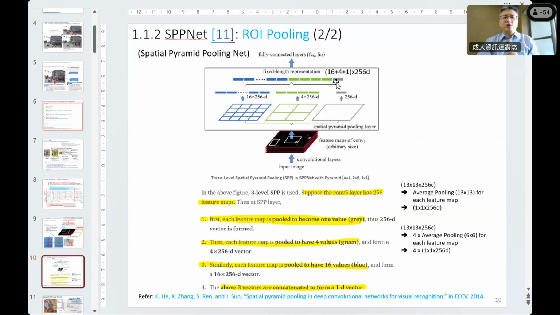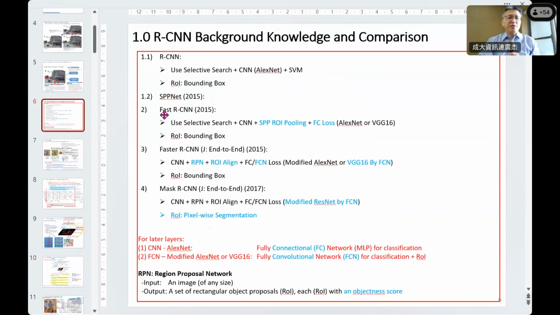So this flatten will be fixed, and then it is the input to the fully connected network. So this one is SPP, and SPP is for normalization.